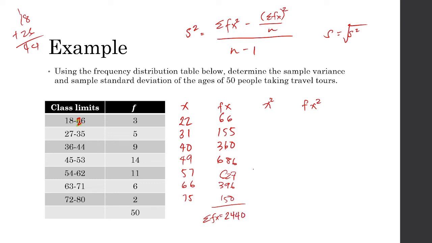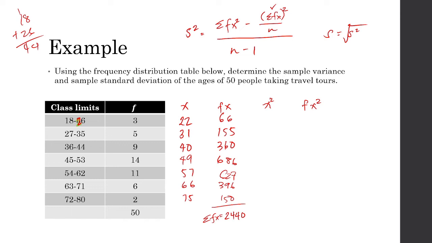So as you can see here, meron na tayo nito. Okay? So, isang concept na lang yung kulang natin, which is yung fx squares. So, first things first, you need to compute for the square of your x's. So, we have there 22 square.